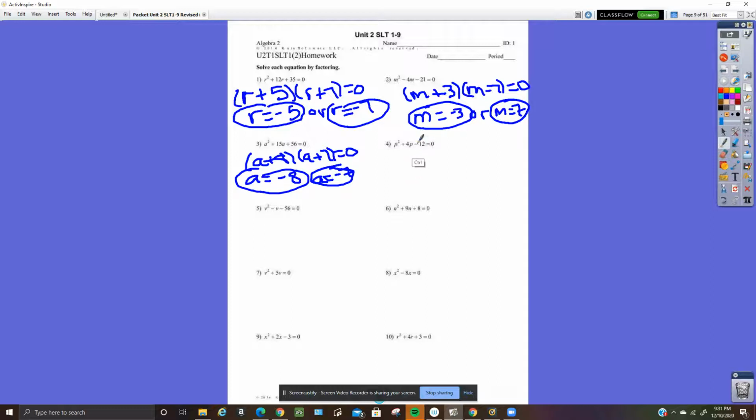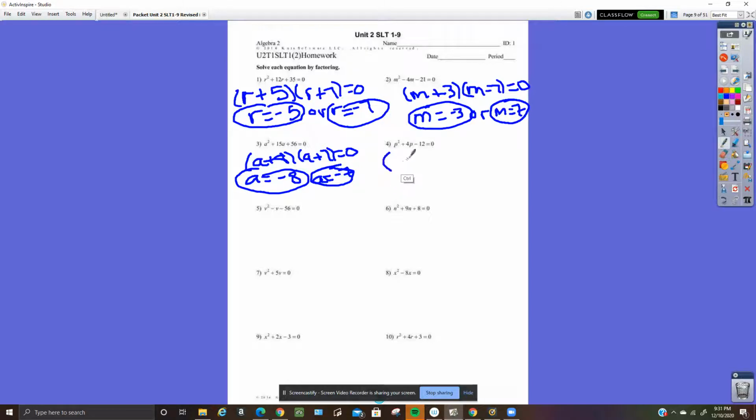Number 4, you want to find the factors of -12. So all these on this first page have an A value of 1, or leading coefficient of 1. And you just have to find the factors of the constant term that add up to your B value there.